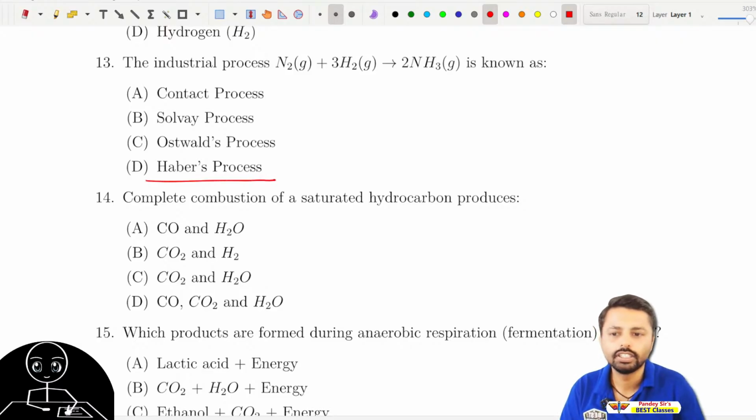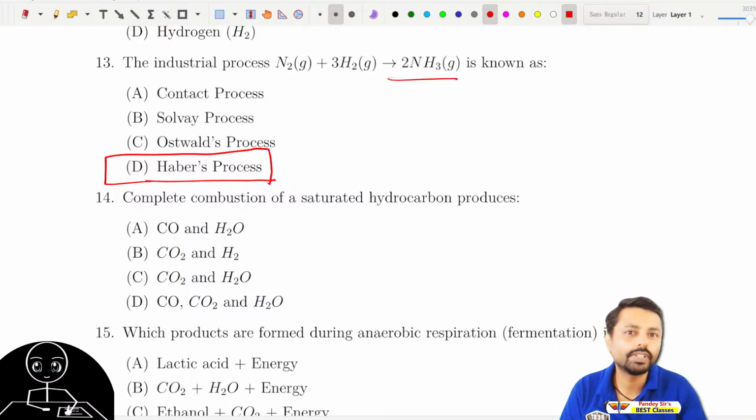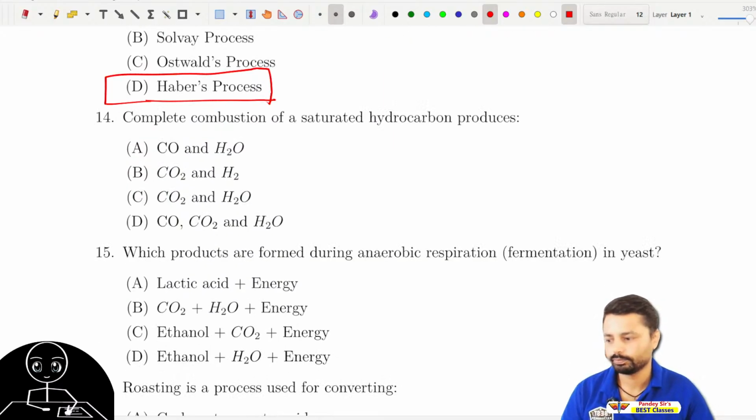This is extra, from higher classes, 11th and 12th, but it's better for you to know. They might ask it as a competency, case based or paragraph based question. Okay, anyway, what about the next question?